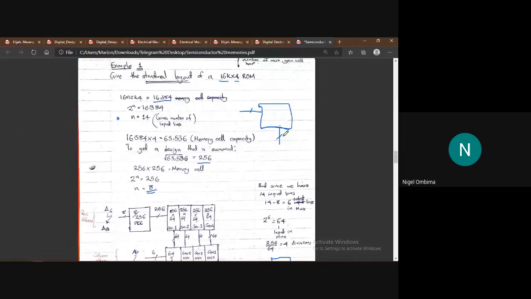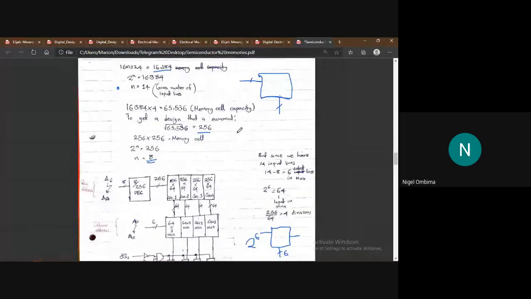Now remember, its input lines are 64. So how many multiplexers will we need to input data from 256 columns?